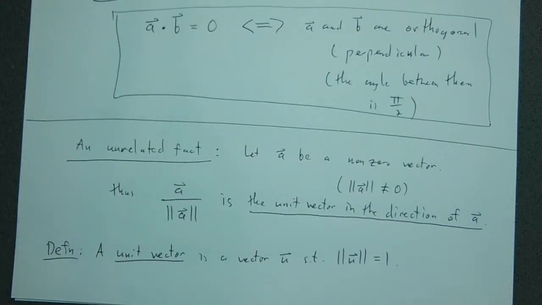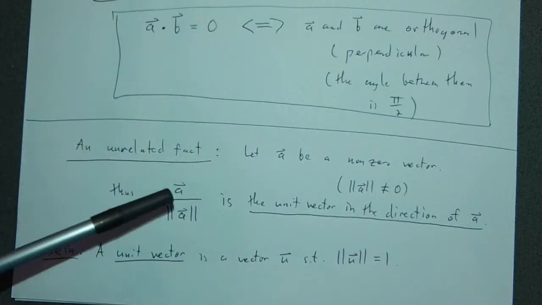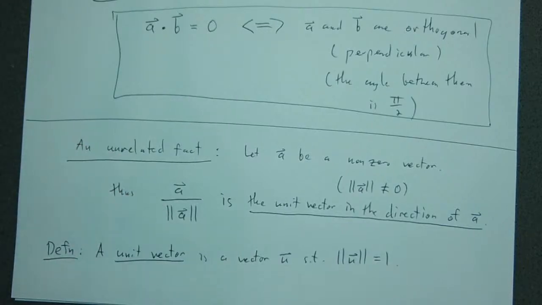So this is the unit vector that points in the direction of A. Now, if A is already a unit vector, then you're dividing by 1 here, and so A is already the unit vector in its own direction. Okay. This is a useful trick, and it's going to come up in a lot of the computations we're about to do.